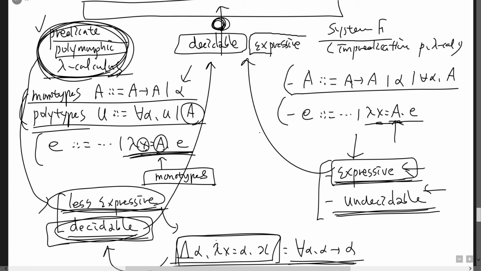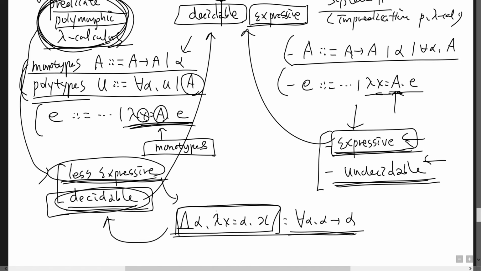It does not have to be as expressive as System F. System F is a really expressive language, and we don't need the expressive power of System F. We need at least the expressive power that enables us to use polymorphic expressions polymorphically.